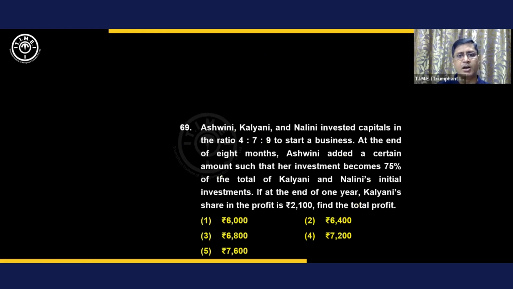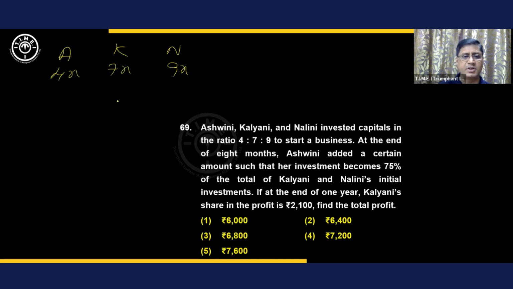Now look at the next example on your screen. Ashwini, Kalyani and Nalini invested capitals in the ratio 4, 7, and 9. So Ashwini, Kalyani, and Nalini are 4x, 7x, and 9x. These are the initial investments.